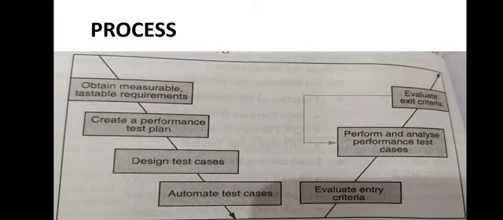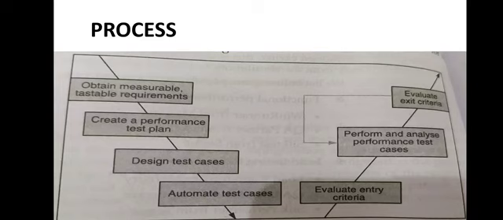You can see at your left side, the second rectangular box is representing the same thing. After that, test cases will be designed, and automation for test cases will be used. After that, we will be having some results, and we have to fix, or set, or evaluate an entry criteria for our performance testing.